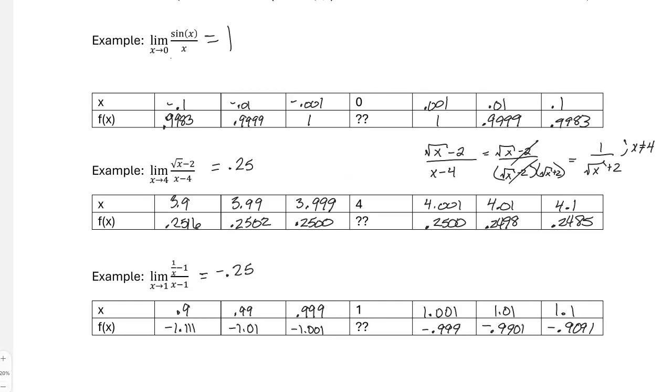So I've gone back and I've corrected this. I was looking at my wrong column in my calculator. So when we plug in this function and we look at plugging in these x values, these are my outputs. So you can see as we get close to 1 on the left and 1 on the right, these are getting close to the value of negative 1. So we would say that limit is negative 1.